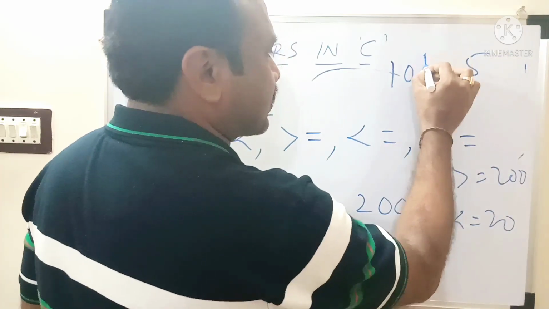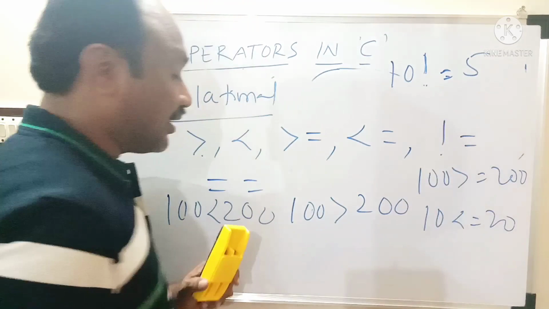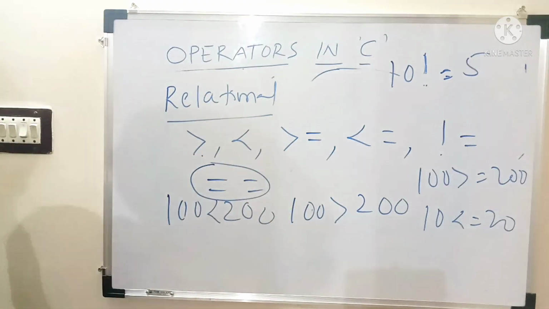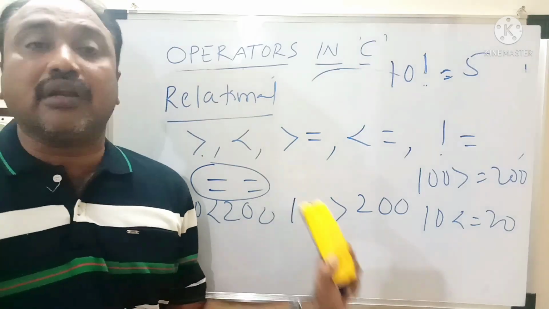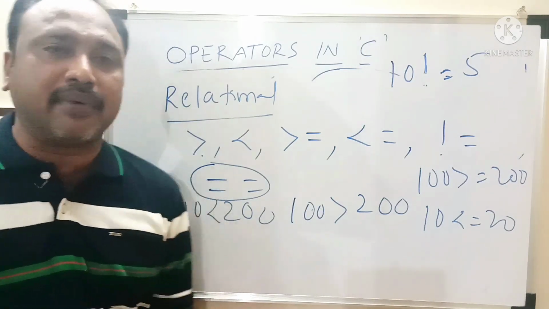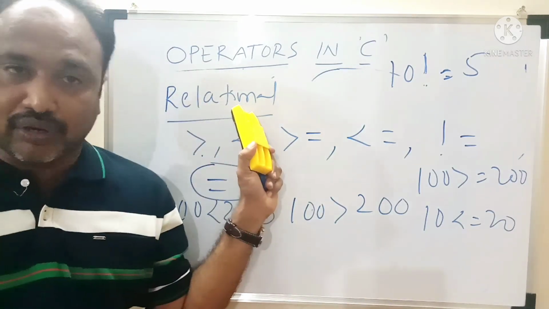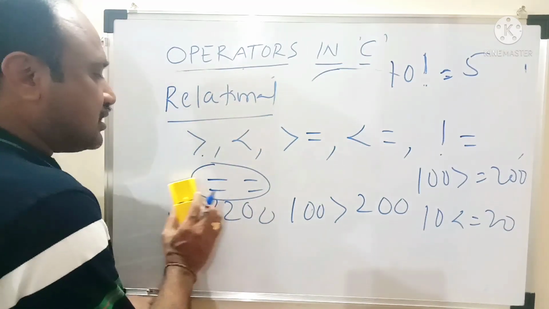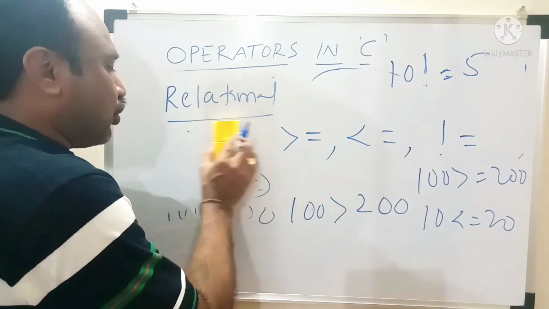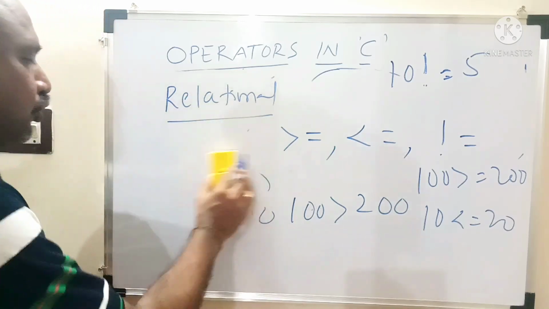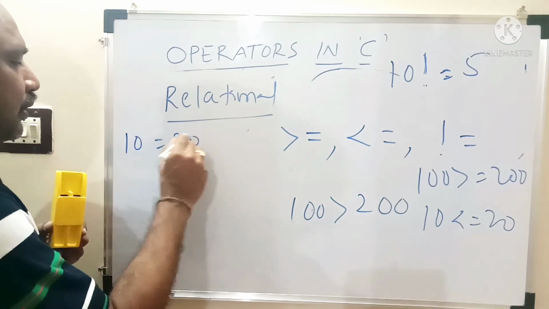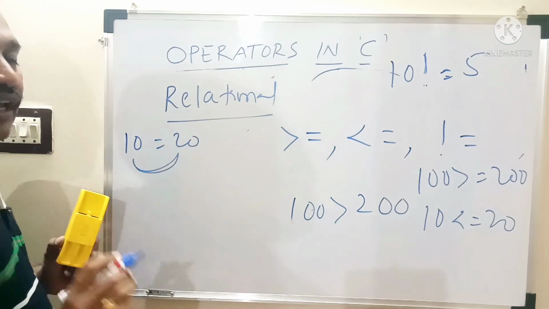We have to use the exclamation mark and the equal symbol. Please all of you see here, double equal to. This double equal to is called the comparison operator. It comes under the category of relational operators only, but it is referred to as the comparison operator because in mathematics, to compare 2 values, we take 10 equal to 20, meaning 10 and 20 equal or not.